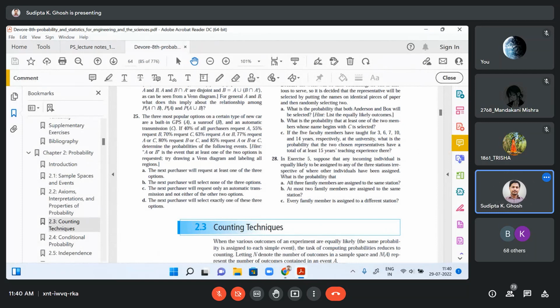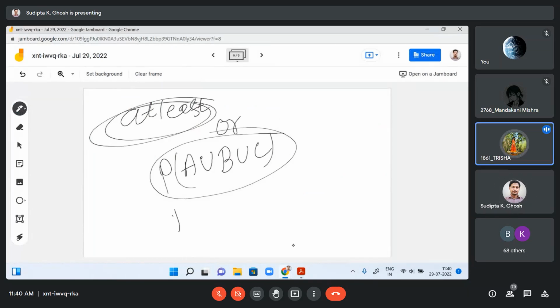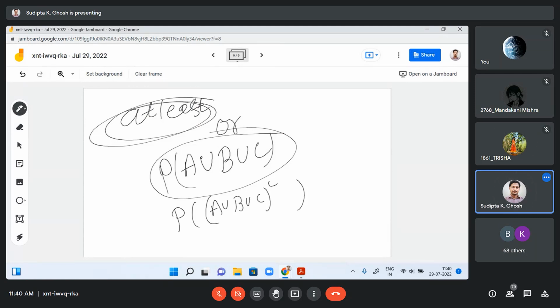Then the next: the next purchase will select none of the three options. What will be the answer? None of the three options they will select. What is the meaning? The complement of the probability of A union B union C, the total complement.